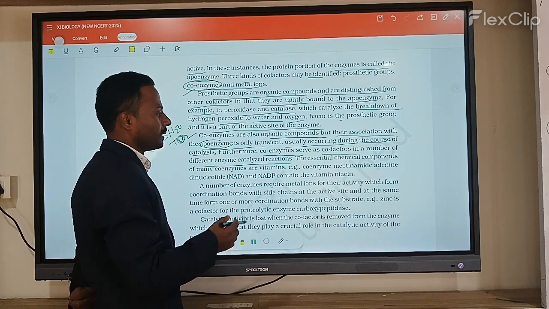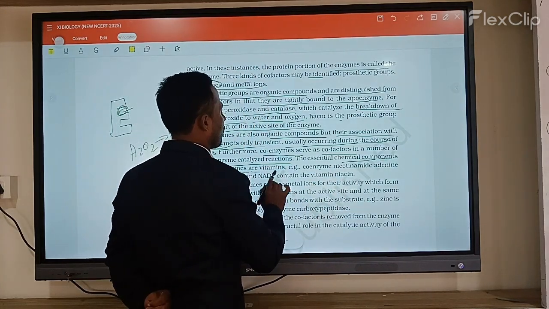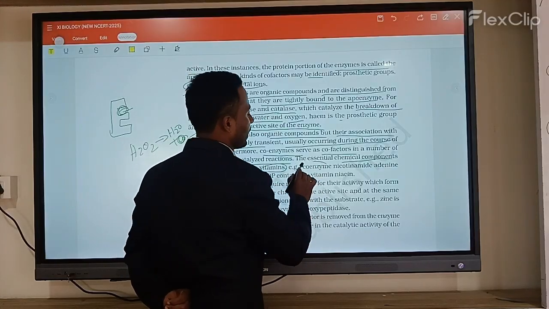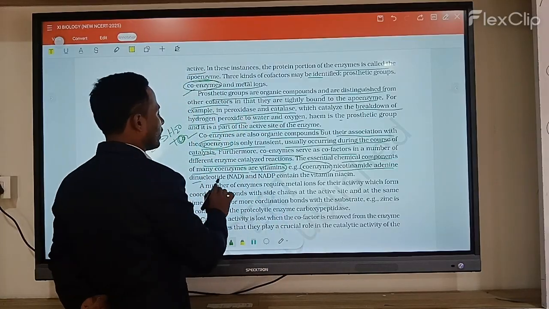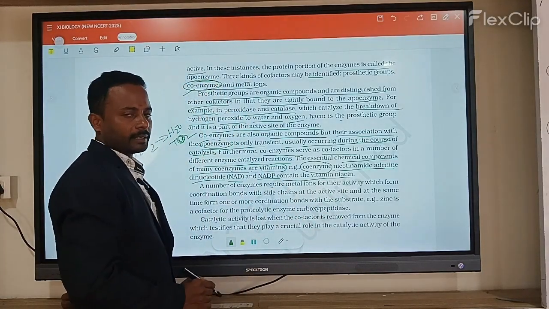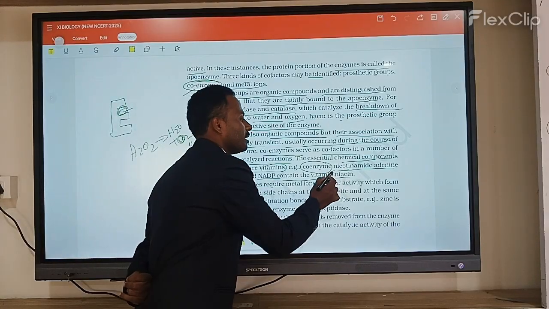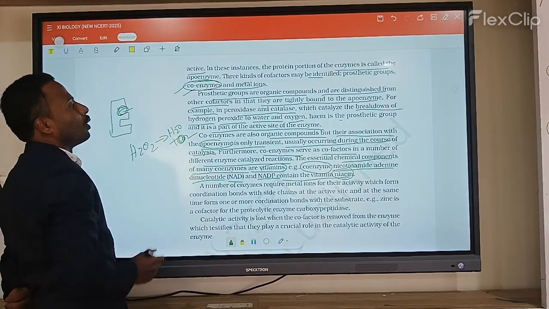Essentially, the chemical components of coenzymes include vitamins. Nicotinamide adenine dinucleotide, NAD, and NADP contain the vitamin niacin. So here NAD contains niacin. These are the coenzymes.